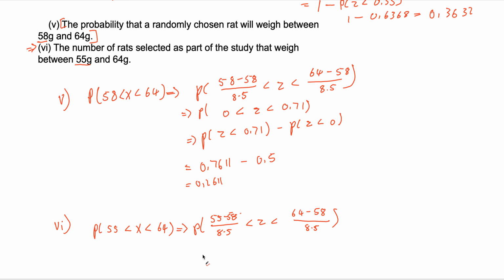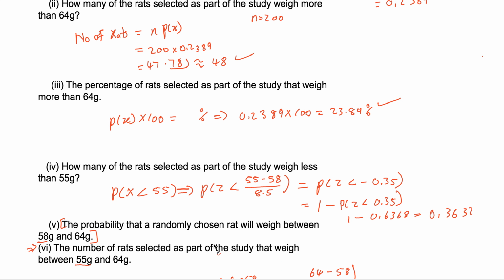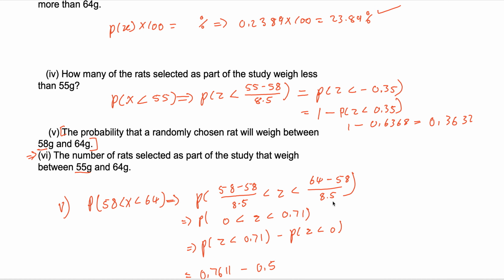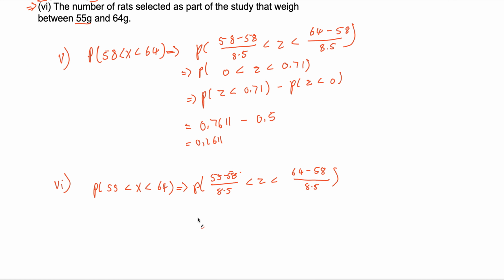So now you calculate your things. Now we did have 55 here, which was negative 0.35. So P is equal to negative 0.35 less than Z less than 0.71.